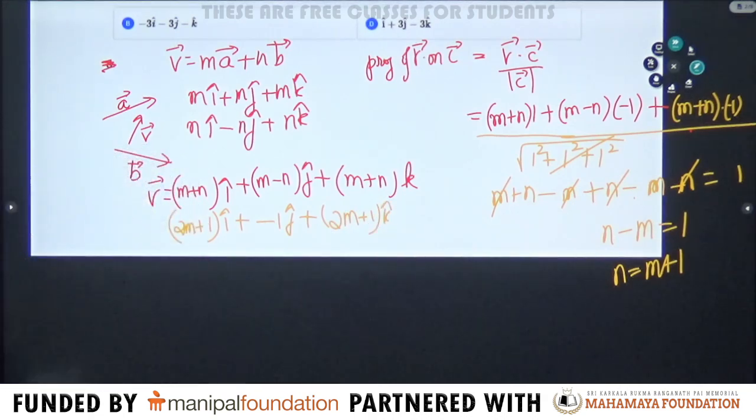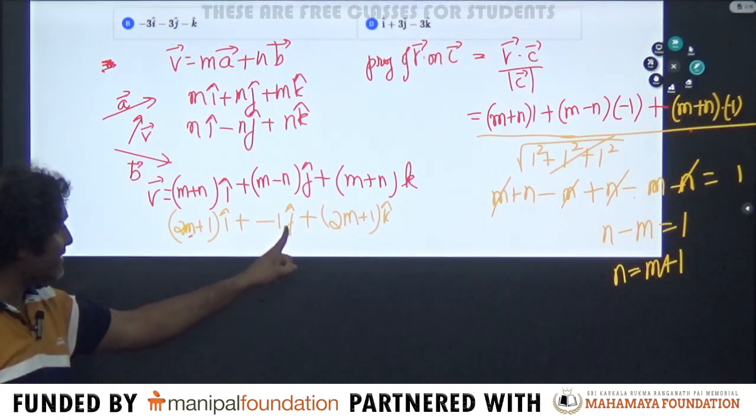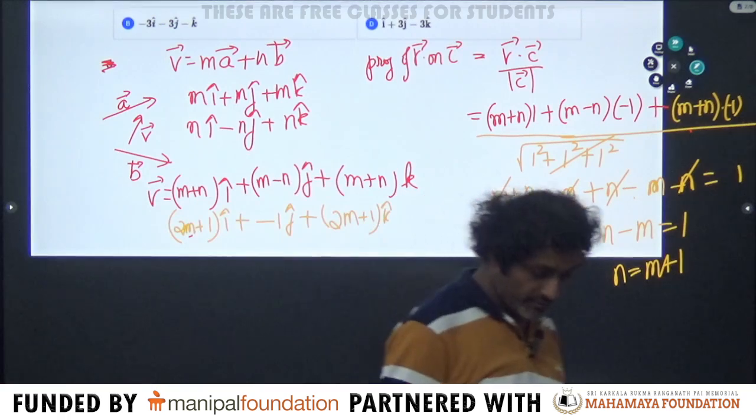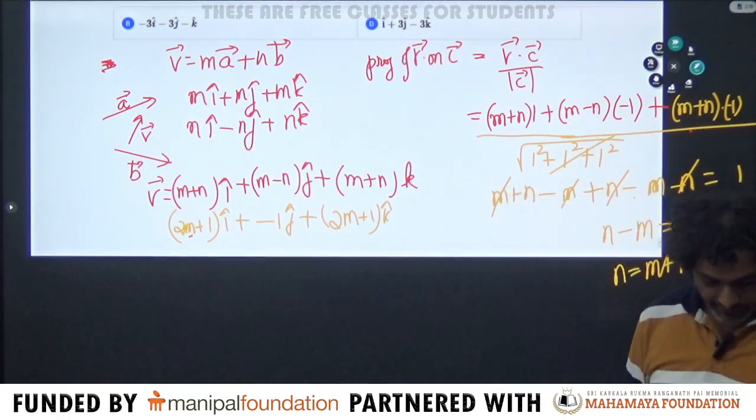Now put the value 1 for m, what do we get? 3i minus j plus 3k is the required vector. Done.